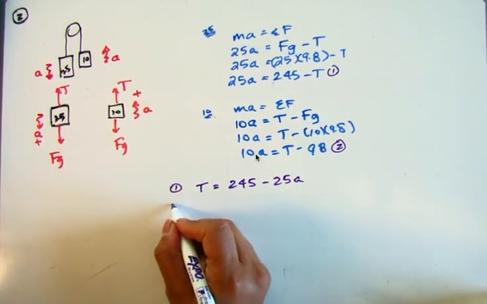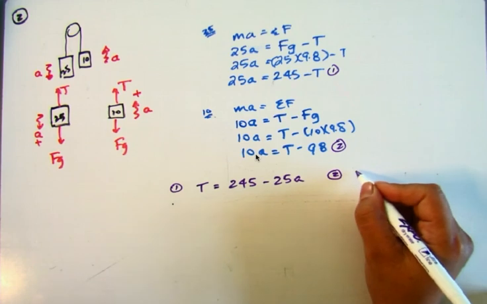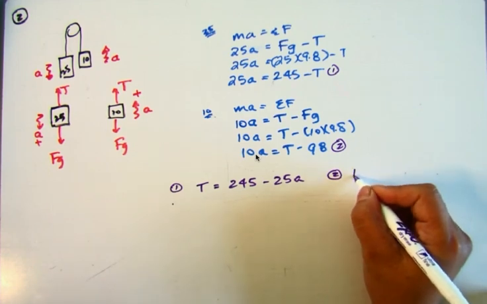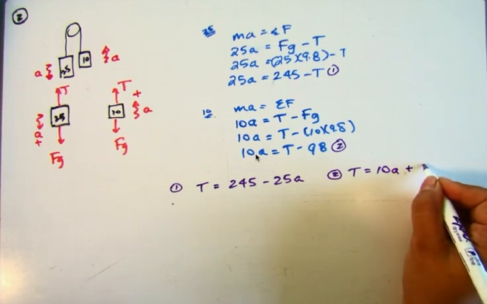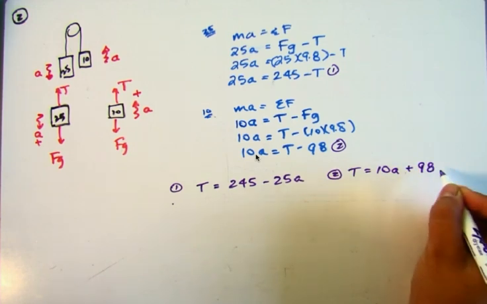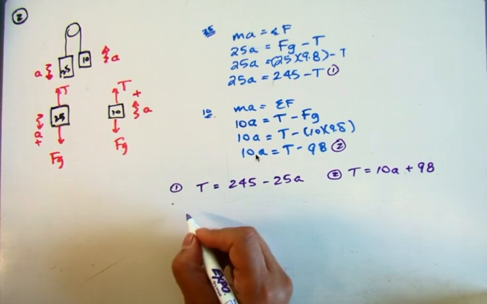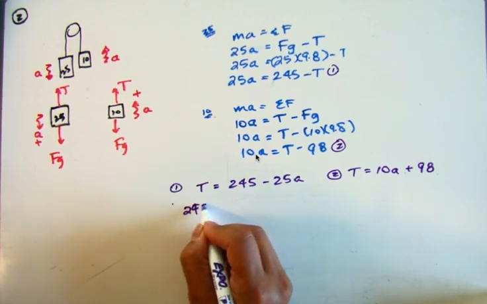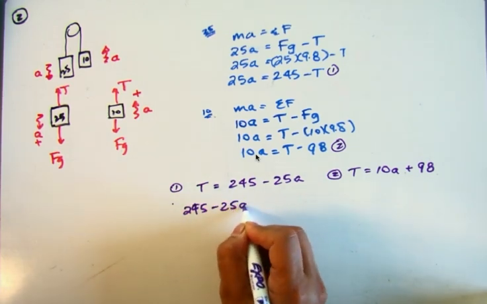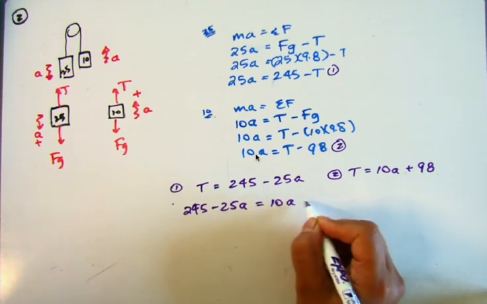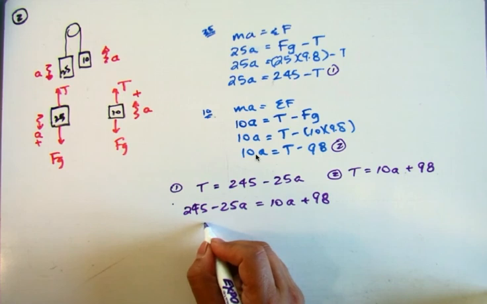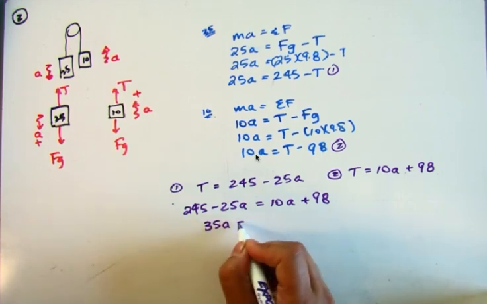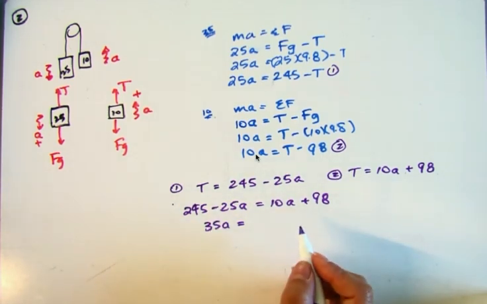And then solving equation 2 for T, I would get T equals 10a plus 98. And then setting these two equal to each other, I would get 245 minus 25a equals 10a plus 98.